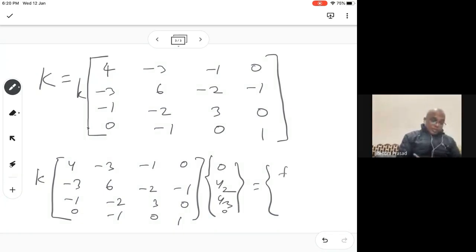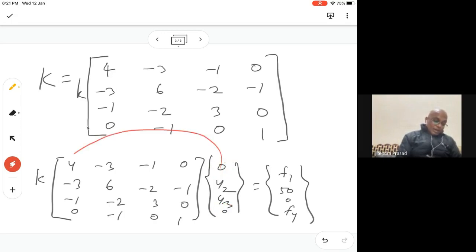This is the equation you have to solve, and as we discussed earlier, since this is 0 here and this is 0 here, they multiply all of these and make them 0.